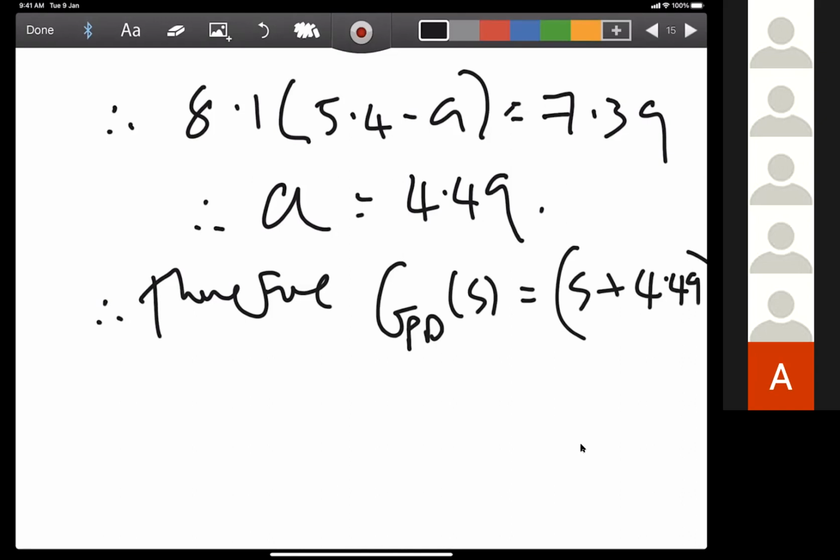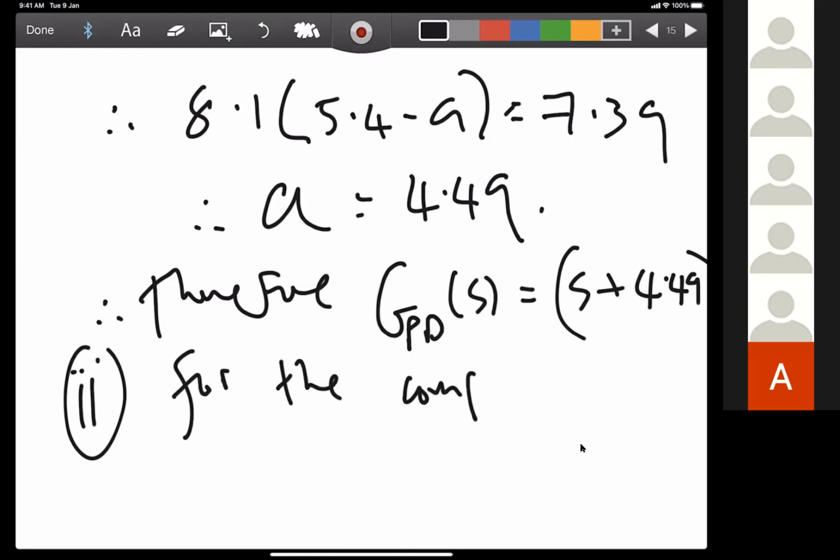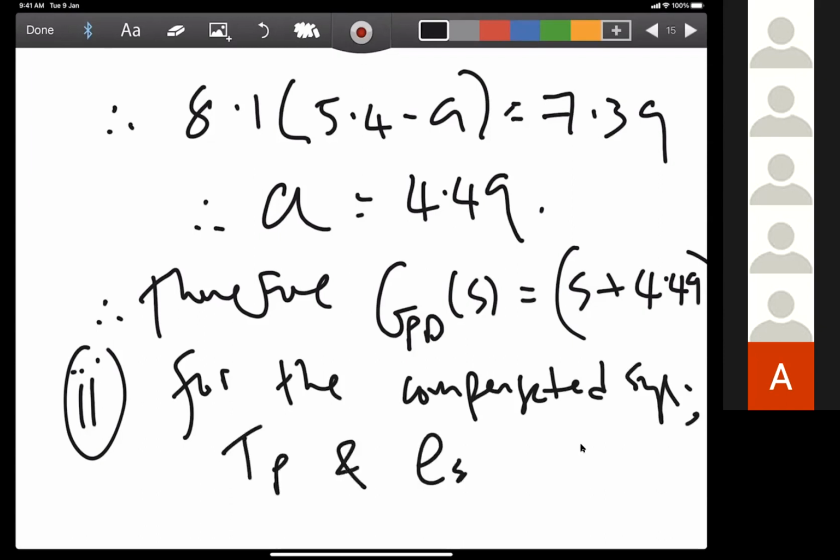Part 1. Is it okay? Yes, doctor. Okay. Number 2 is for the compensated system. Find the peak time and steady state error.